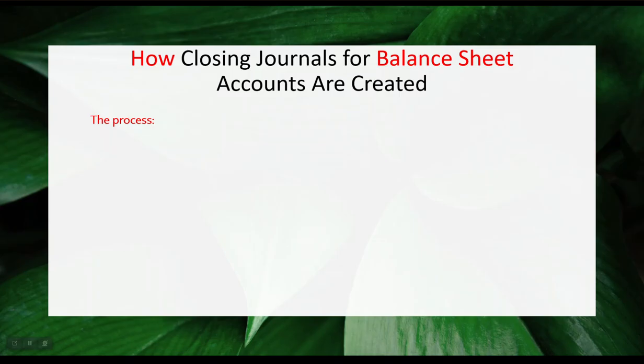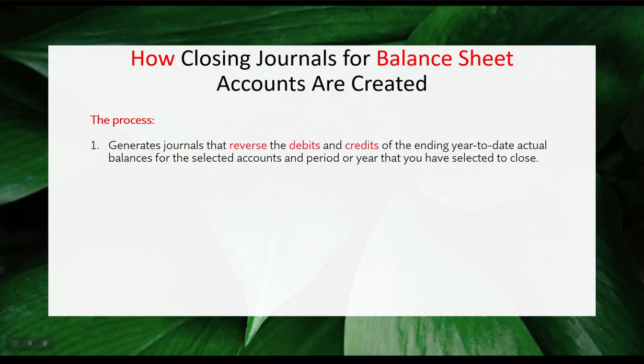The process of closing journals for balance sheet generates journals that reverse the debit and the credit of the ending year-to-date actual balance for the selected account and period or year that you have selected to close.